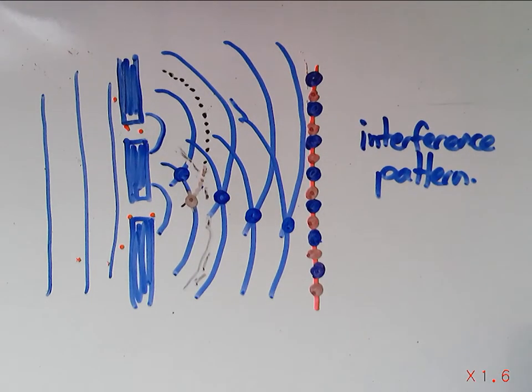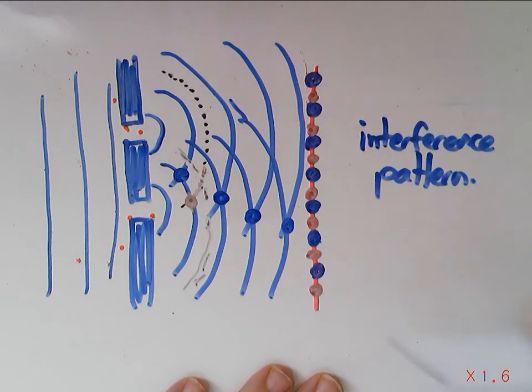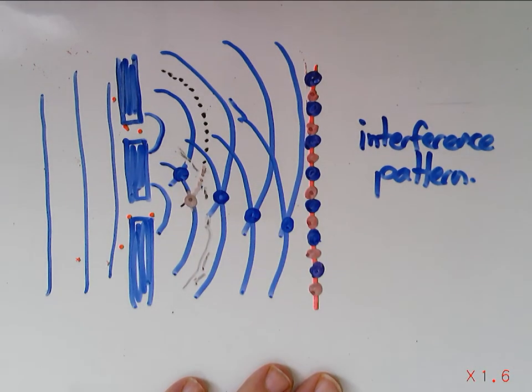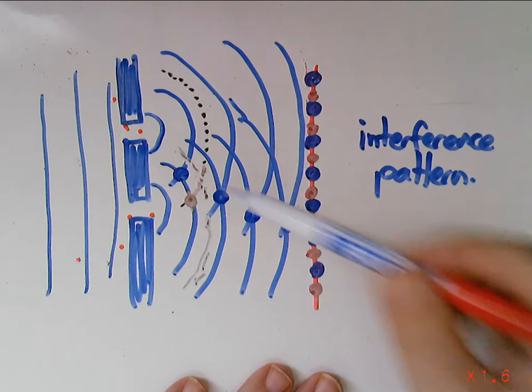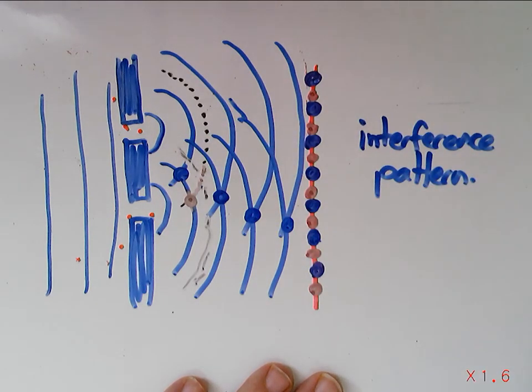This is a pretty famous experiment. It was done by Thomas Young in the early 1800s, and it was proof that light acted like a wave because you saw this interference pattern, light, dark, light, dark, light, dark on the screen behind a double slit. And you can explain it in terms of diffraction and constructive and destructive interference.